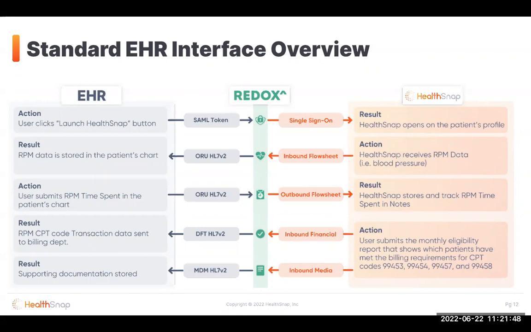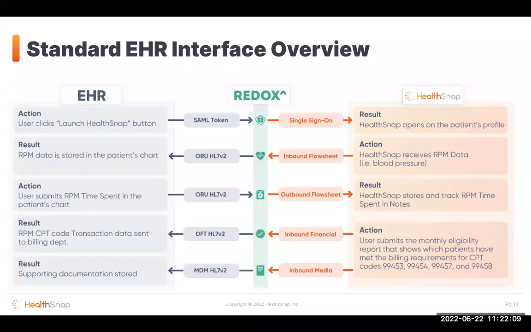What this integration typically looks like: single sign-on, so the ability to open a patient's profile within HealthSnap directly from the EMR practice management solution. Inbound flow sheets, so the ability to push discrete data directly back into the patient's chart, like the actual blood pressure readings and weight readings.